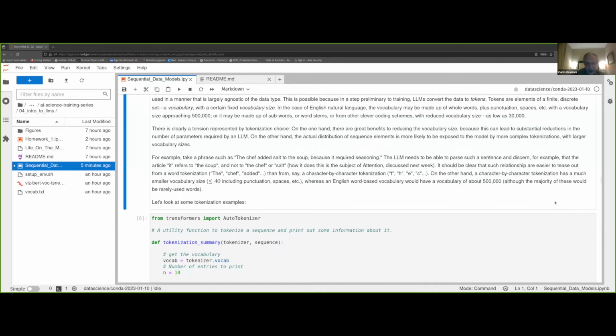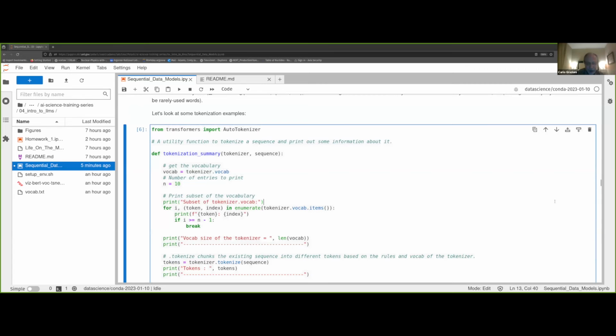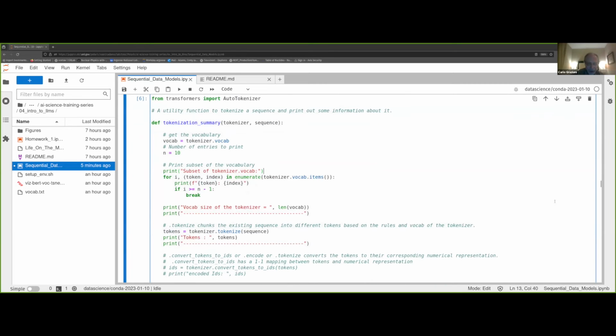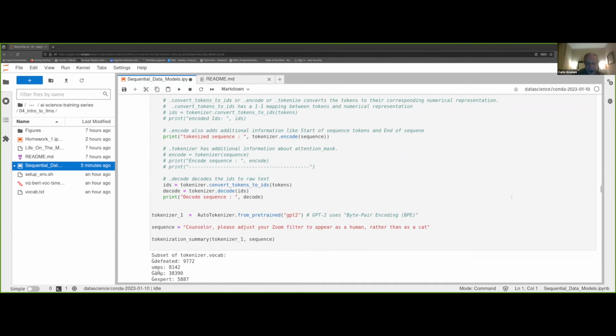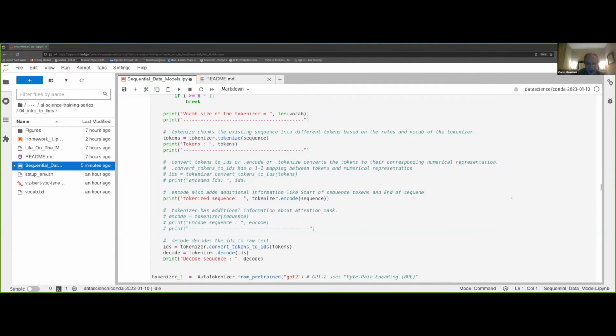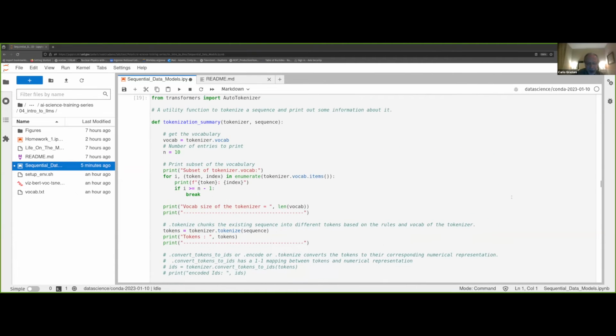So now let's look at some examples of tokenization. Corey, would you do the honors of running that cell? Let's look it over for a sec. What this is mostly is a definition of a function. We've imported AutoTokenizer from the transformers library.